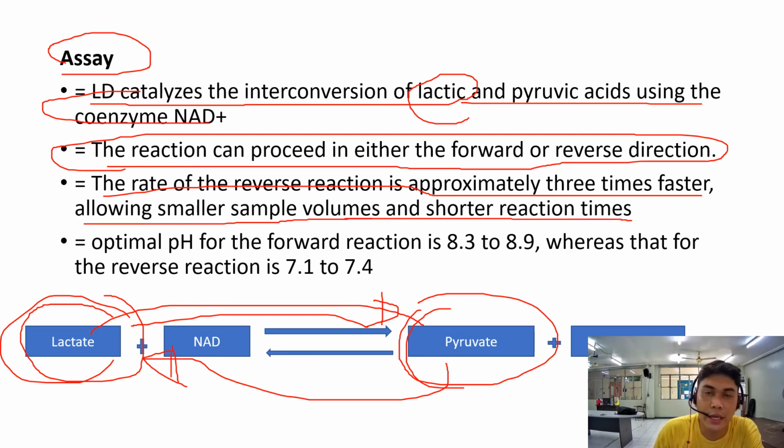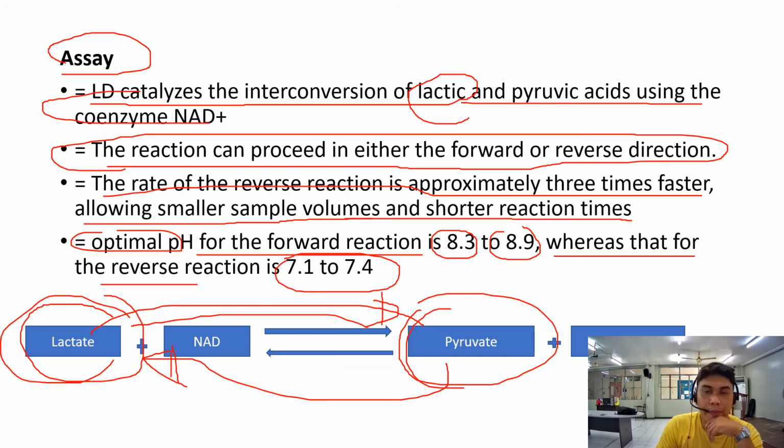So these are the advantages of the reverse direction: three times faster, smaller sample volume, and shorter reaction time. The optimal pH for the forward reaction is 8.3 to 8.9, whereas for the reverse, it's 7.1 to 7.4. Okay?